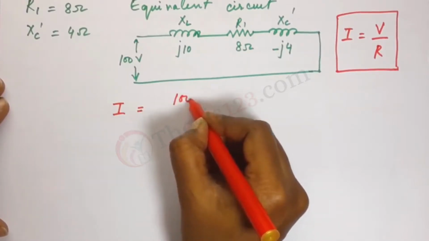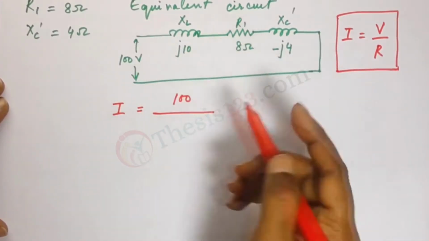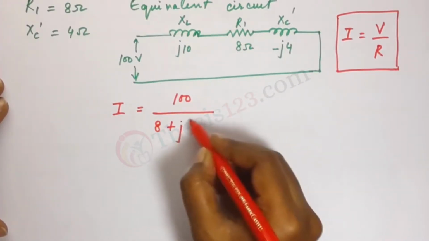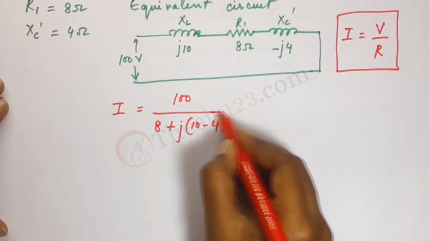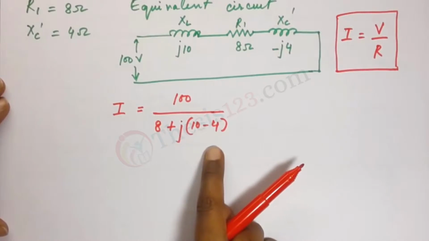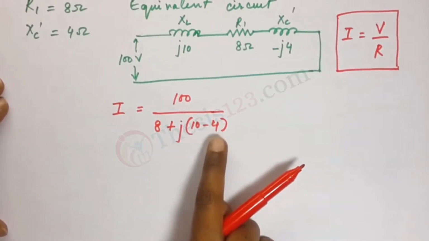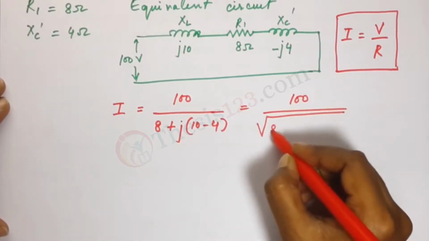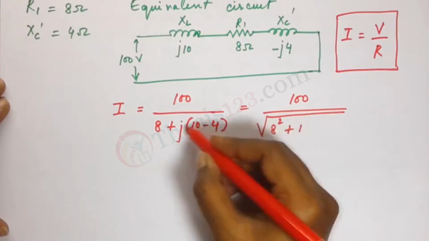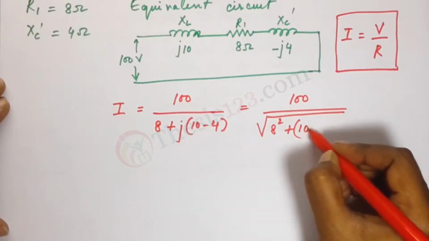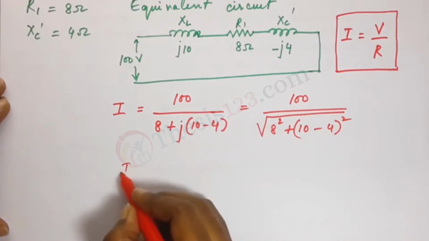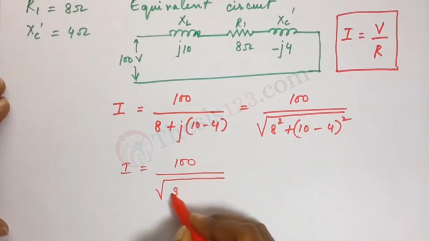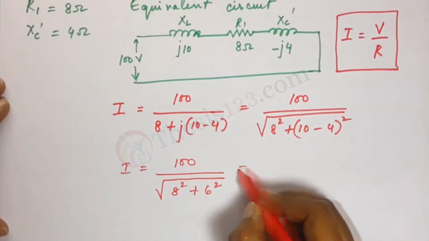I is equal to 100 divided by the sum of all of this, so that's resistive 8 plus j10 minus 4. To find the magnitude, we find the resultant, which would be 100 divided by the root of 8 squared plus 10 minus 4 squared, and that gives us 100 divided by the root of 8 squared plus 6 squared.